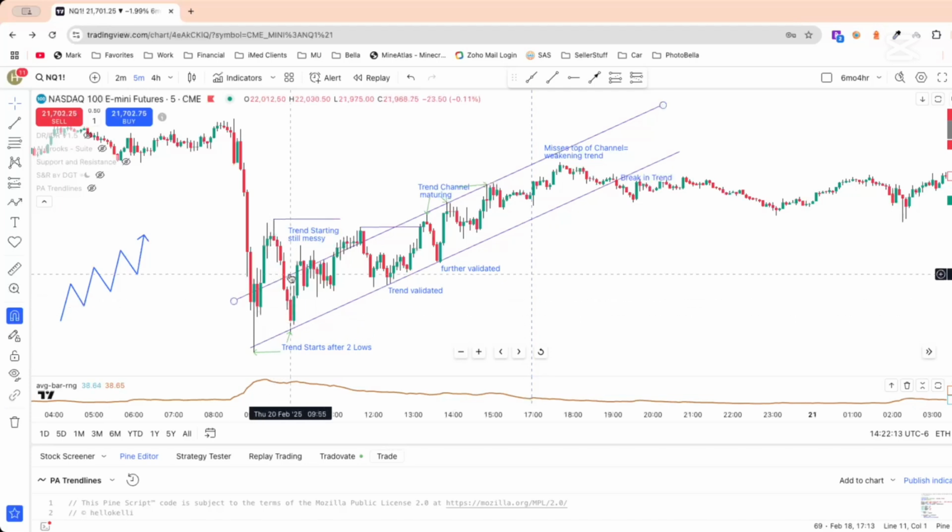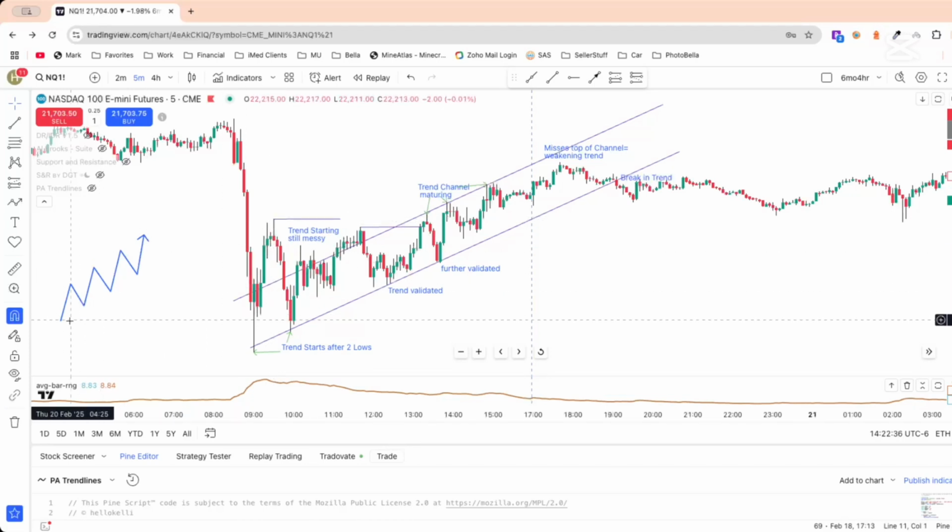But it's important to know that at this point, the upper channel is not really set because we went all the way up here. And then we came here is our next high. But if you notice, this high right here is lower than this high. And that's not really what I would expect in a typical upward trend, in a typical bull trend.